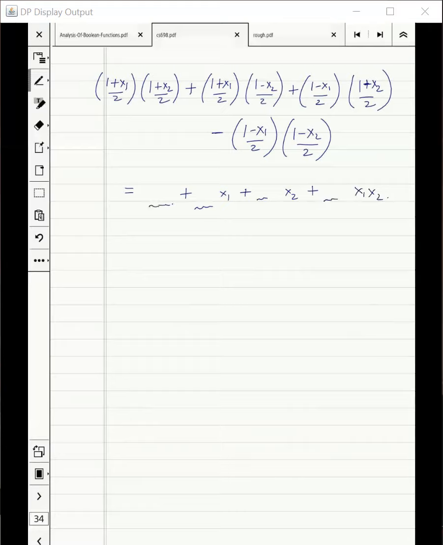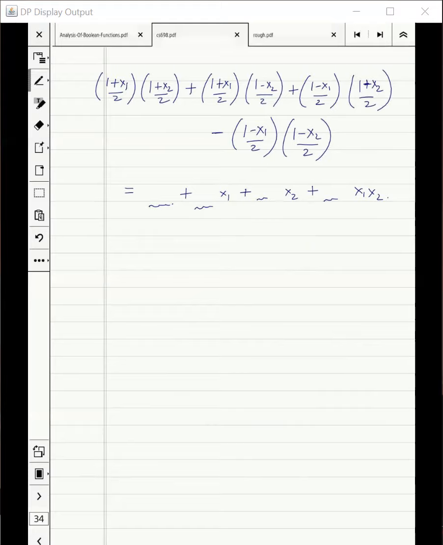All these blanks you need to tell me. It will be 4 in the denominator, obviously.